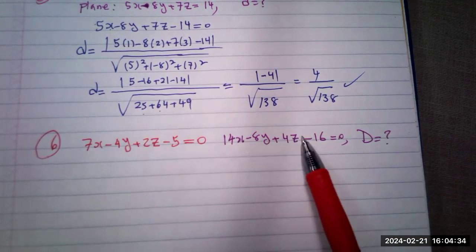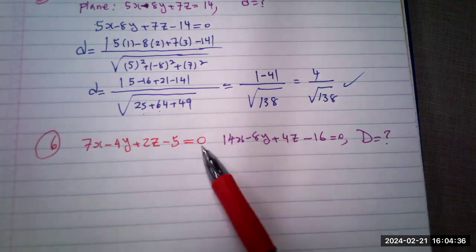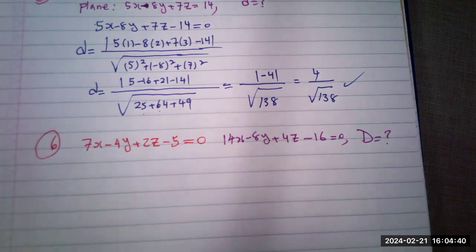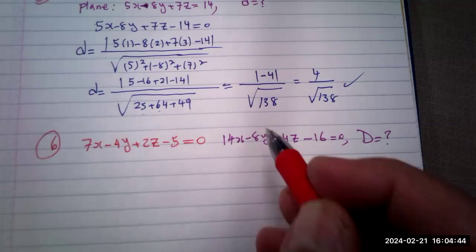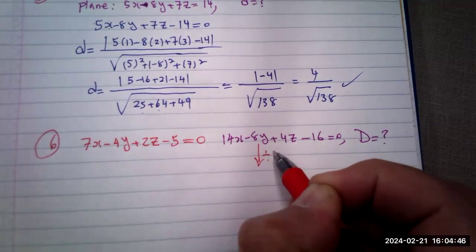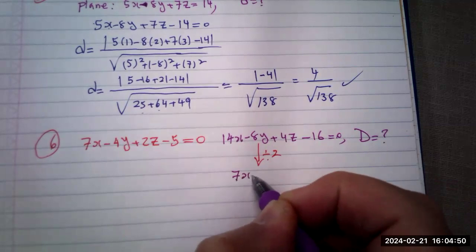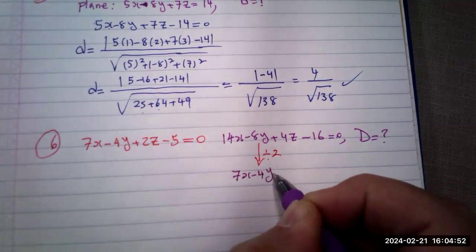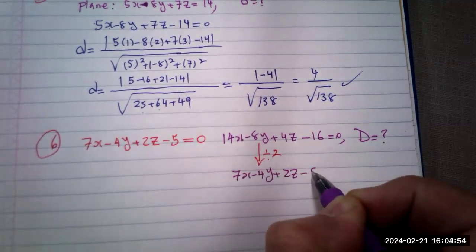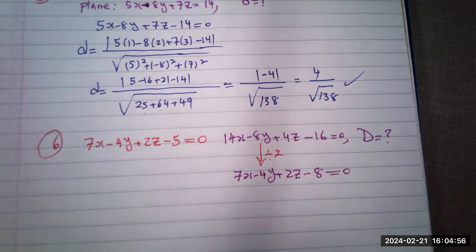So you have to divide this one by 2 to make them equal to each other first, then do the distance. Otherwise, your solution would be different. Okay, so make sure you do it. So over here, divide by 2 first. So you make it 7x minus 4y plus 2z minus 8 equal to 0.